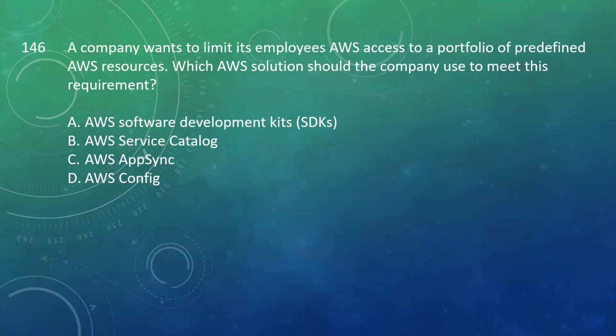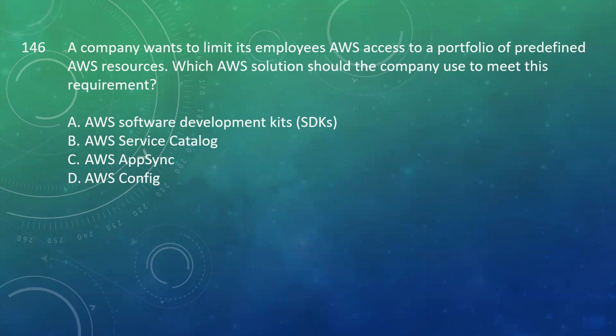Question number 146 of the series. A company wants to limit its employee AWS access to a portfolio of predefined AWS resources. Which AWS solution should the company use to meet this requirement? Your options are AWS Software Development Kit, AWS Service Catalog, AWS AppSync, AWS Config.